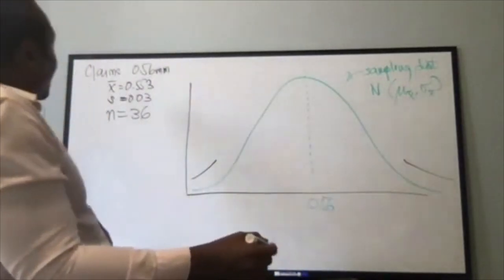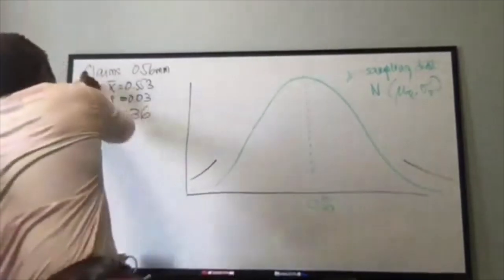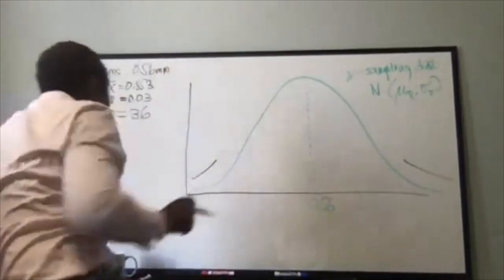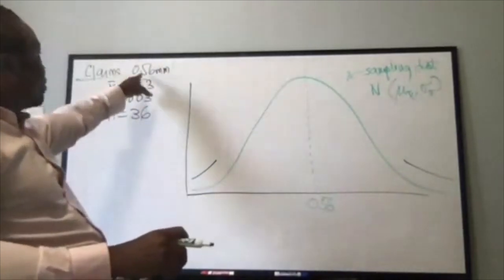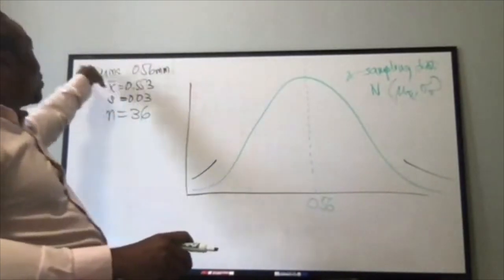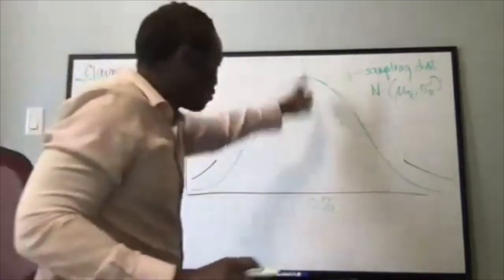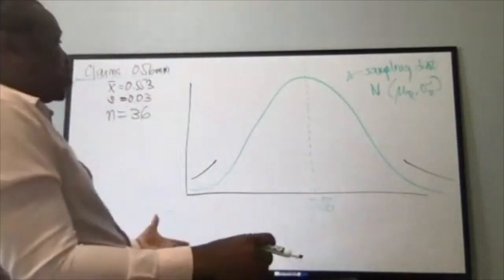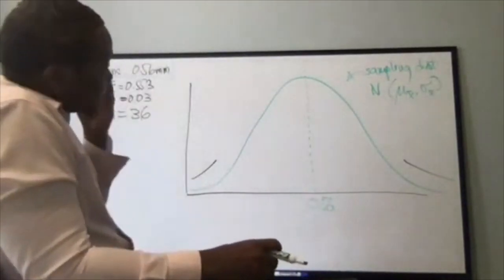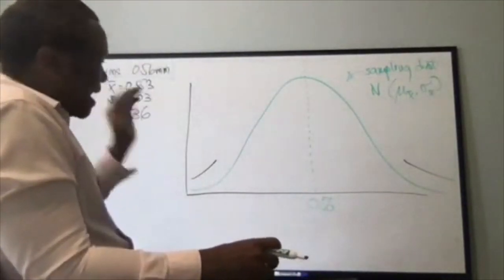Okay. Now, if you read the problem here, the people who sent the chalk claimed that the width of the chalk was 0.56. So generally, whatever's being claimed is going to go right here in the middle of the distribution as your mu, right? That's going to be what's claimed.